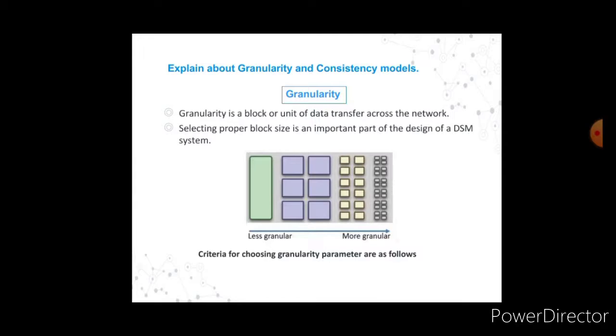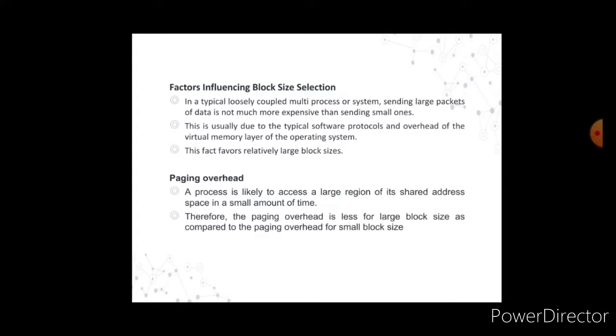Criteria for choosing granularity parameters are as follows: the factors influencing block size selection are paging overhead, directory size, thrashing and false sharing, using page size as the block size.